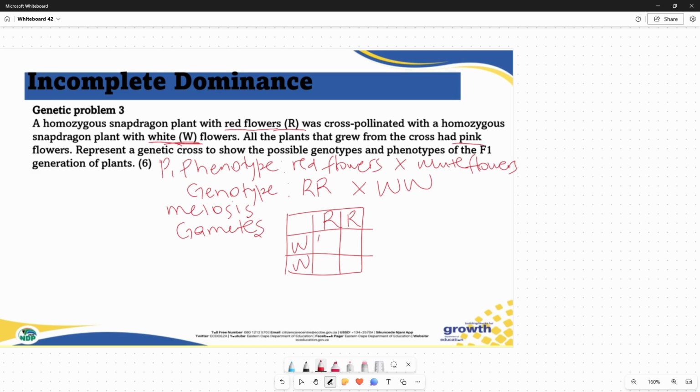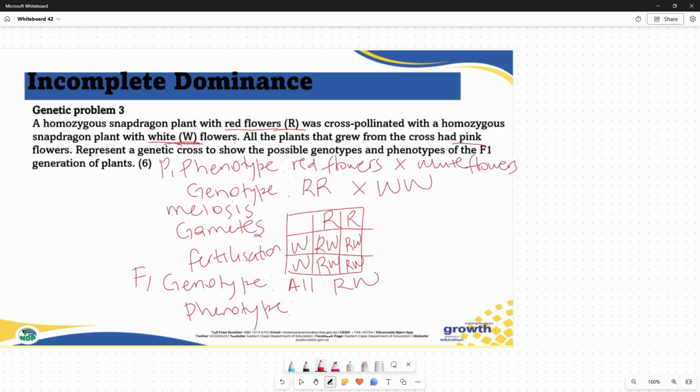And we can already see that all of the F1 generation will have the RW genotype. Okay, so here this is representing fertilization. Then remember, now you have got the F1 genotype. So in the F1 genotype, all are RW.